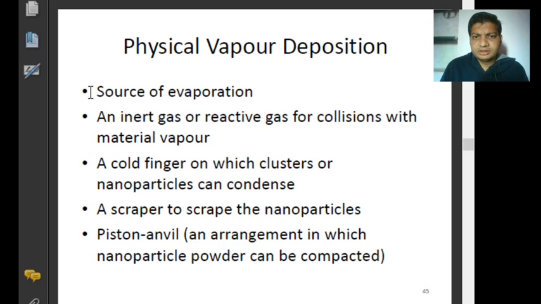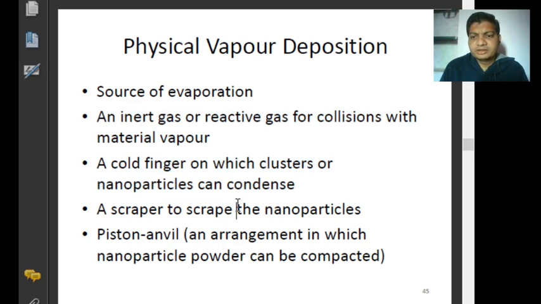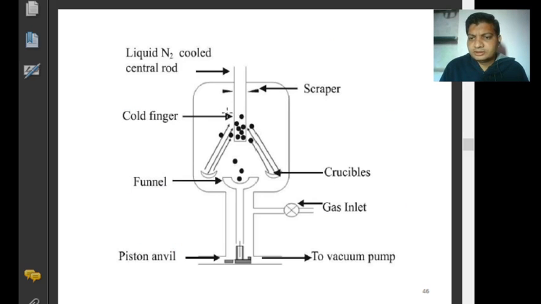Important is the source of evaporation, and then an inert gas or reactive gas for the collision with the material vapors. Then the cold finger on which the clusters or nanoparticles can condense, as we have seen. Here the nanoparticles get deposited on the cold finger. So this rod itself is known as a cold finger.